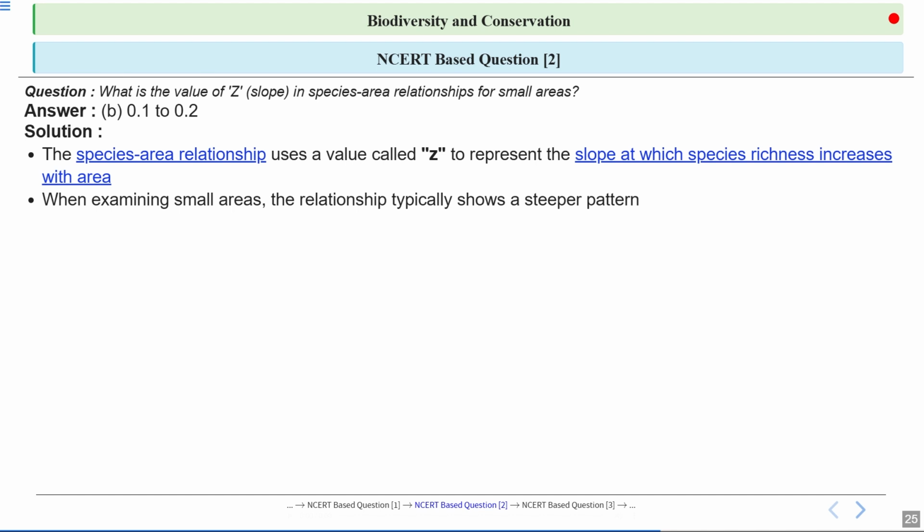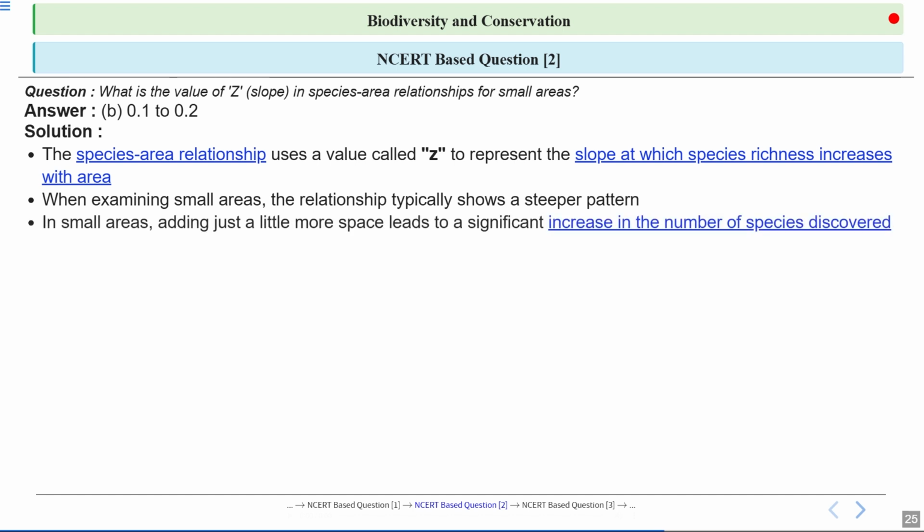In small areas, adding just a little more space leads to a significant increase in the number of species discovered. This relationship in small areas is represented by a lower Z value. So if we consider a small area, the Z value will be lower. That's why the correct answer is 0.1 to 0.2.